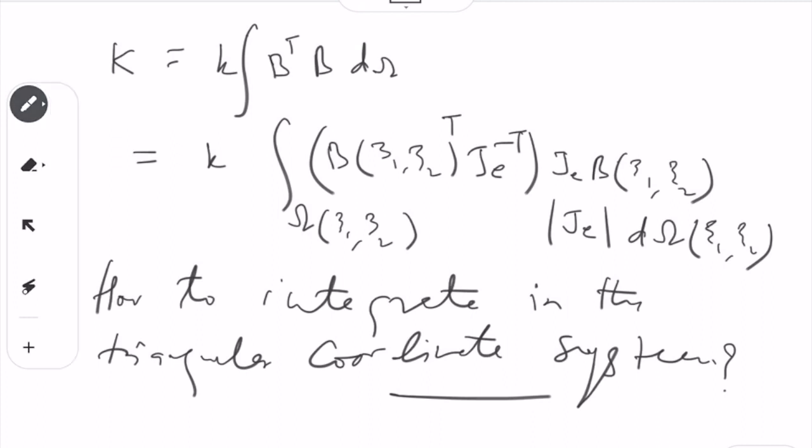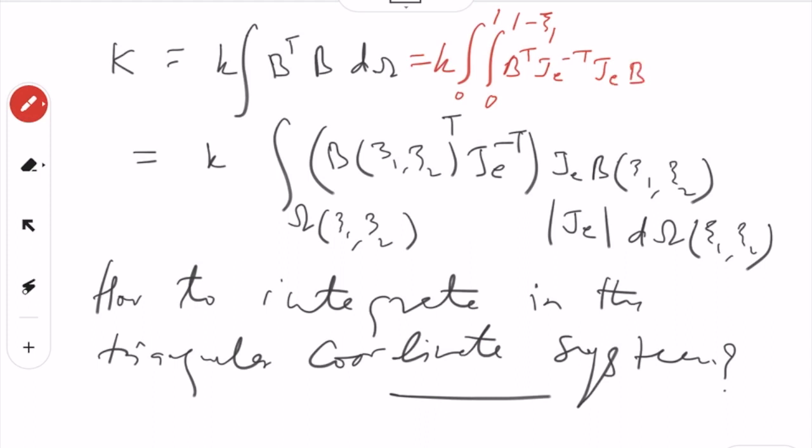Of course, there is one way that we have learnt earlier: K is the integral from 0 to 1 minus xi1, and 0 to 1, of B transpose J_e transpose inverse, J_e, B, J_e, the determinant of that, d xi2 d xi1.